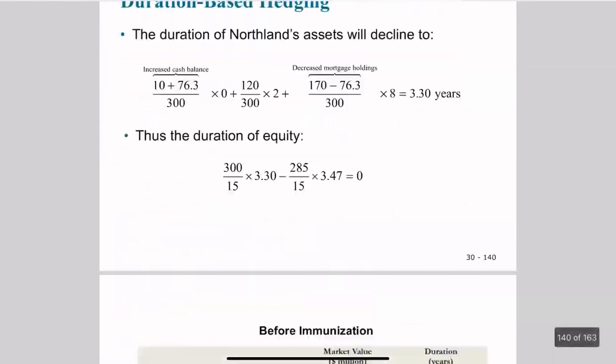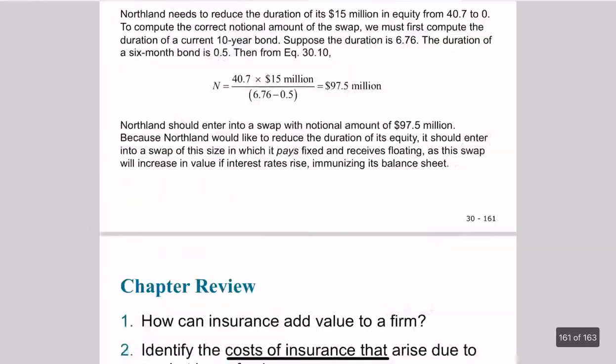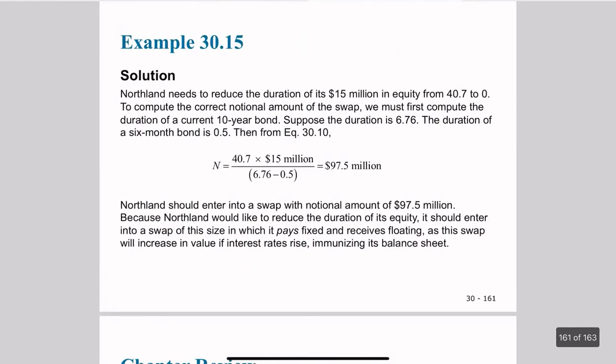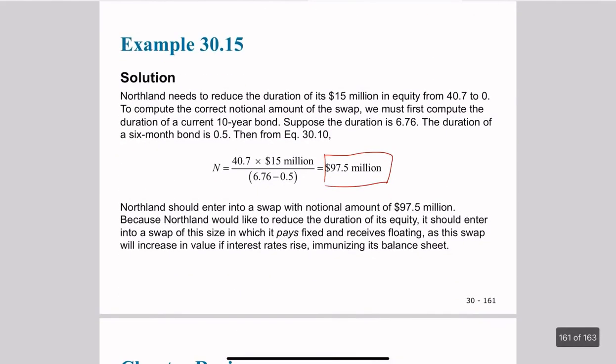So let's see the answer here. It's $97.5 million. Which means instead of selling mortgages, Northland Bank can simply enter into this interest rate swap with a notional principal of $97.5 million.